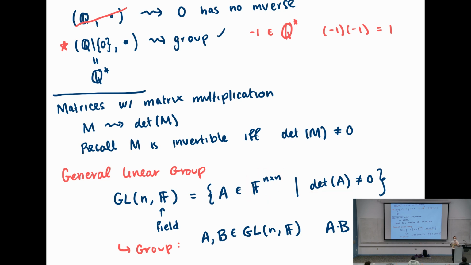Yeah, so the determinant function is multiplicative. The determinant of AB is equal to det A times det B. So if both det A and det B are non-zero, then so will the product det AB. Okay, good. So that's the general linear group.